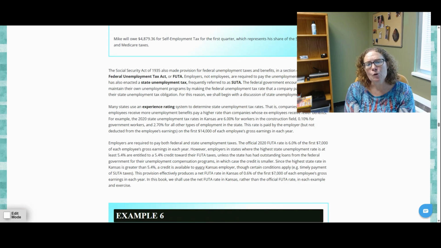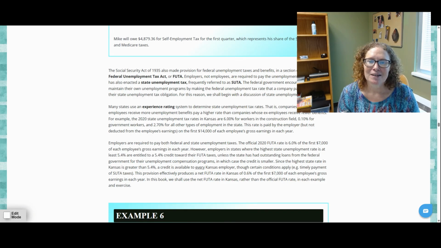So we kind of want to look at, you have to pay both, but the FUTA rate is based on the 2020. Again, we're basing on the 2020, not the same. The rate is 6.0% of the first $7,000 of each employee's gross earnings in a year.